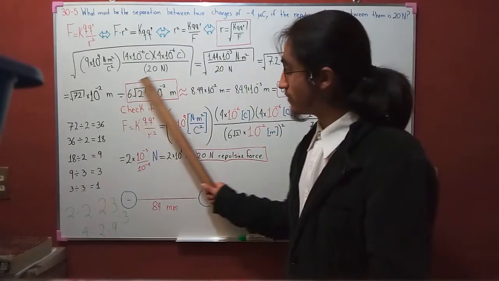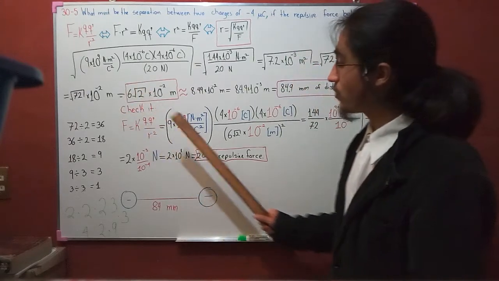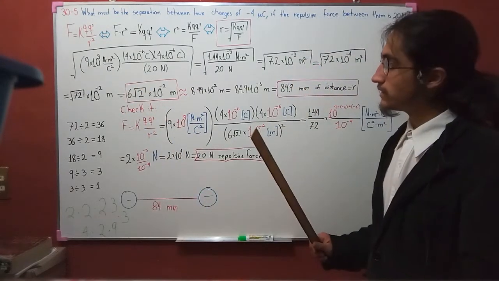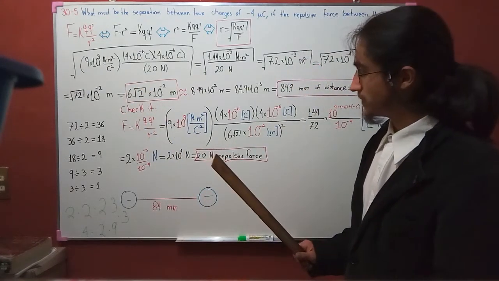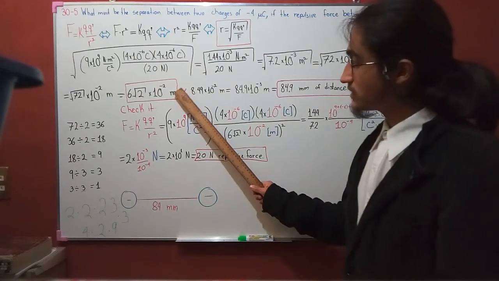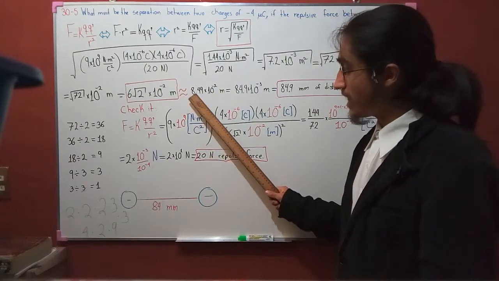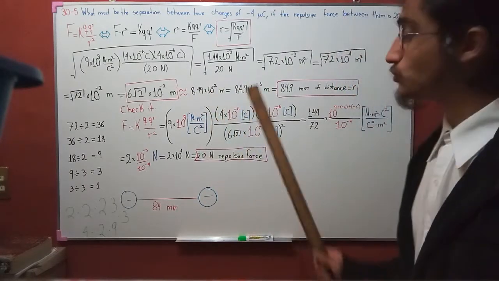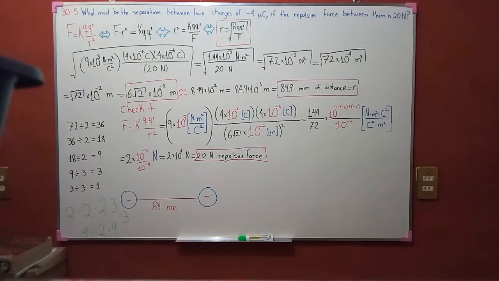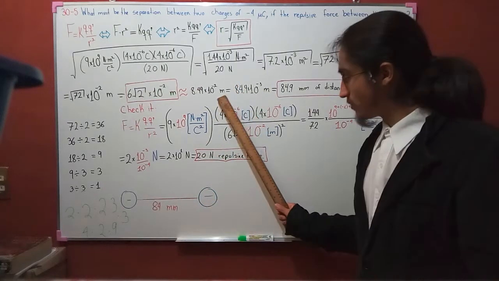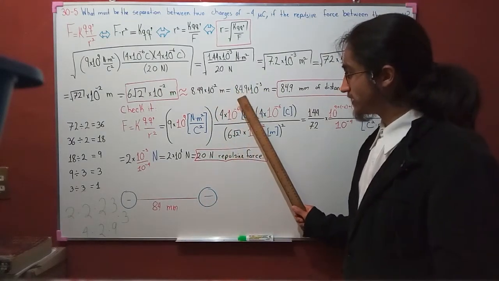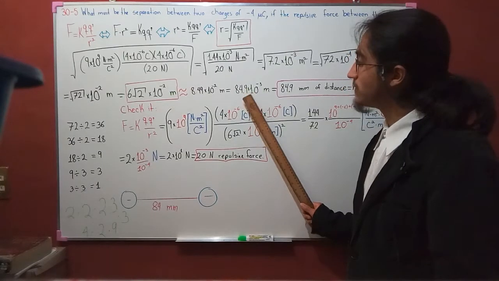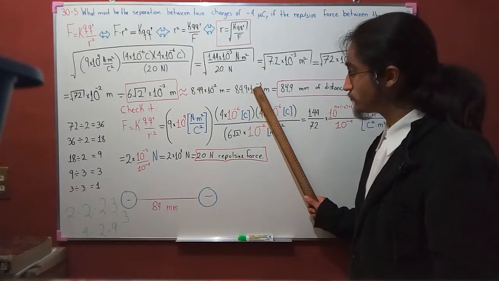Now this is the number that we are going to use in this problem. This is approximately equal to 8.49 times 10 raised to the power of negative 2 meters. It's equal to 84.9 times 10 raised to the power of negative 3 meters.